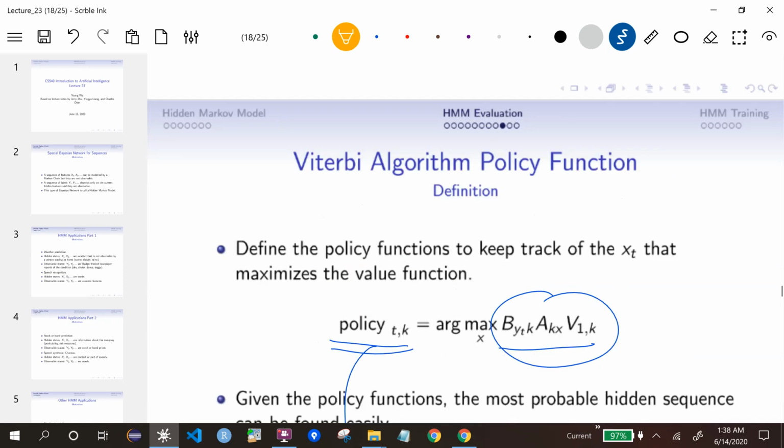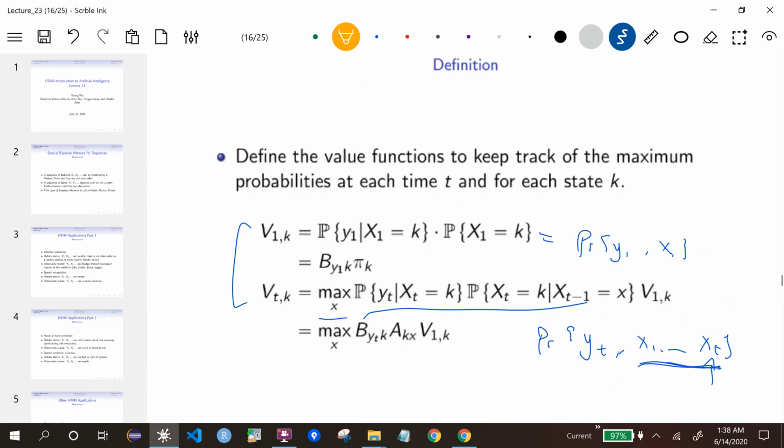So if you look back now at these formulas, hopefully it makes more sense. The way to compute these things is actually the same as what I did before for the evaluation problem.